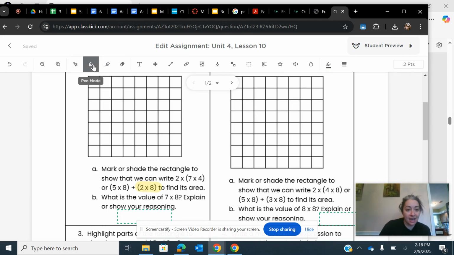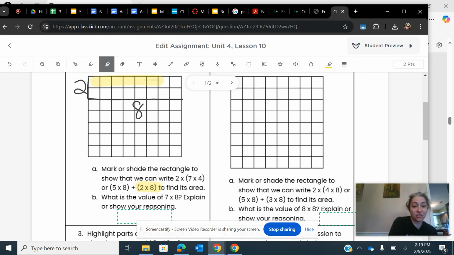I would have to have 2 down and 8 across. So it might look like this. 2 down, 8 across. I highlighted that in yellow, so you can see that the 2 times 8 is in yellow.